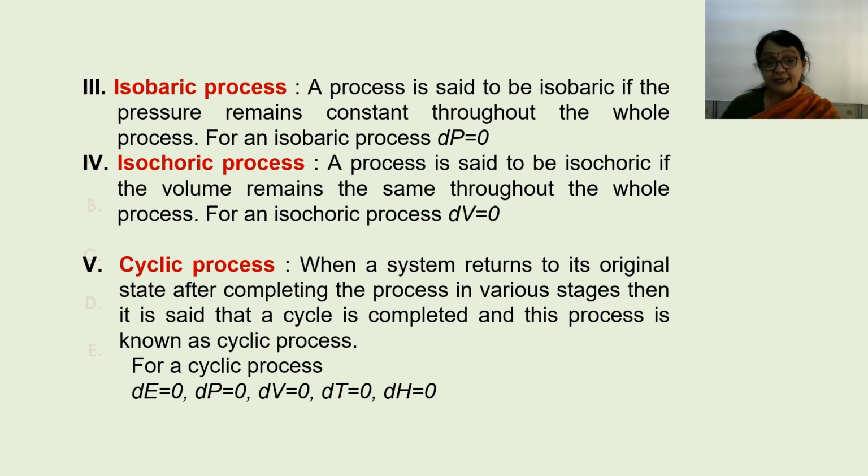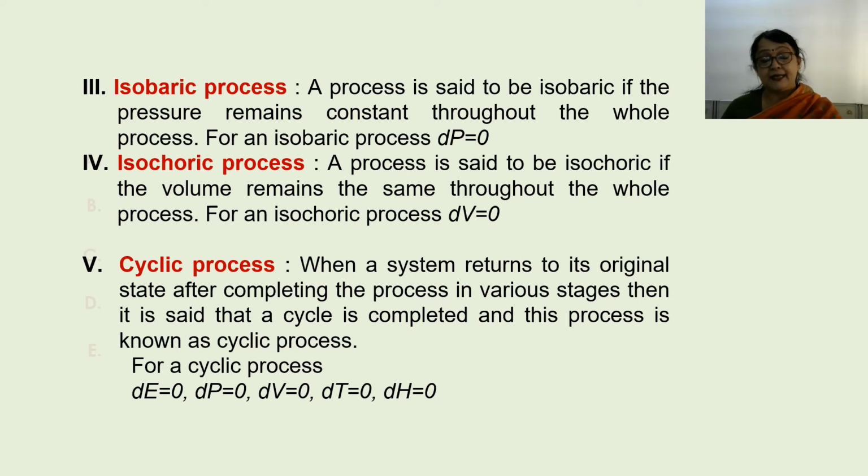Here is another very important process, that is the cyclic process. When a system returns to its original state after completing the process in various stages, then it is said that a cycle is completed, and this process is known as a cyclic process.